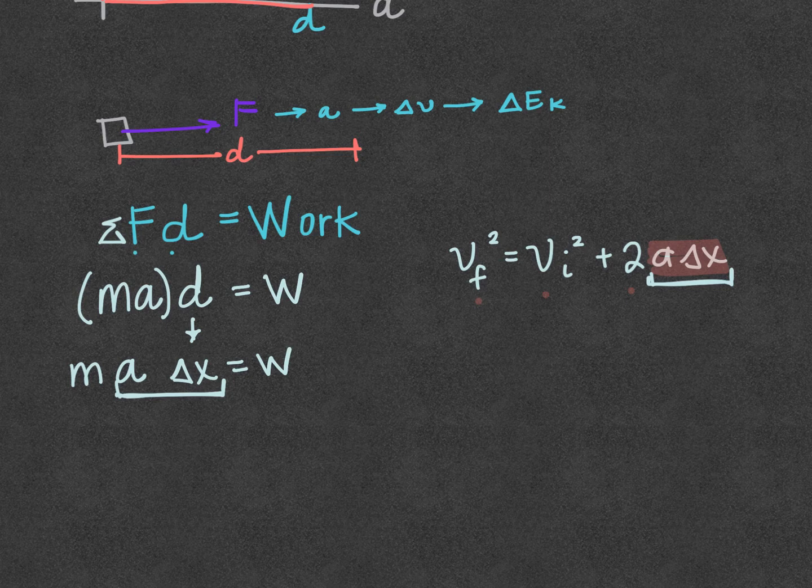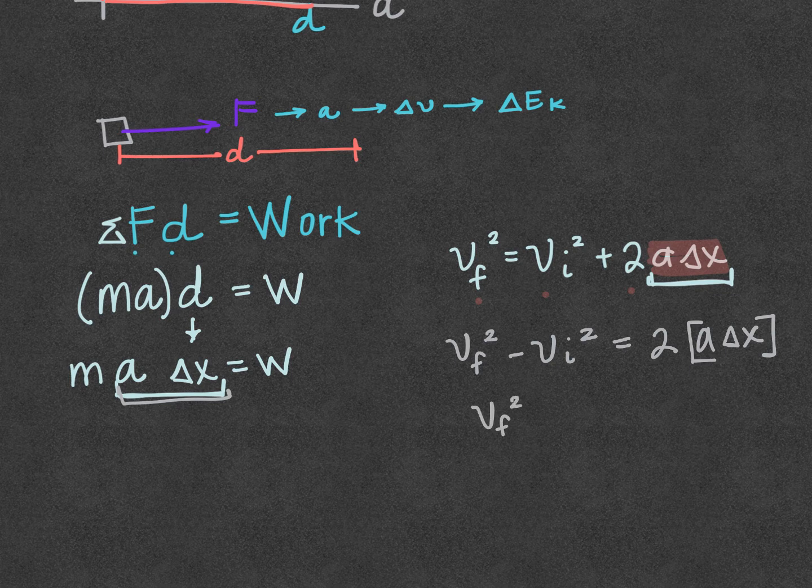So, this would be v final squared minus v initial squared. Subtract the initial squared from both sides, and that will equal 2 times a delta x. Now remember, I'm going to leave a delta x together because that's what I want to substitute into over here. So I'm going to divide by 2 on both sides. So I'll have v final squared minus v initial squared divided by 2 is equal to a times delta x.